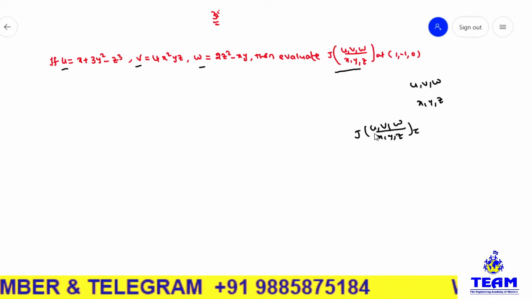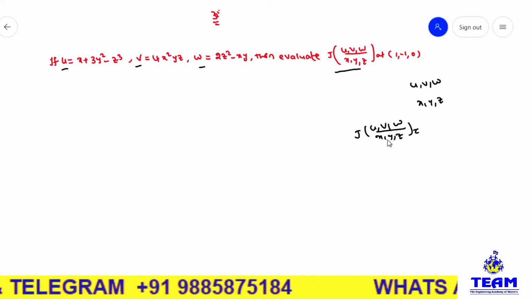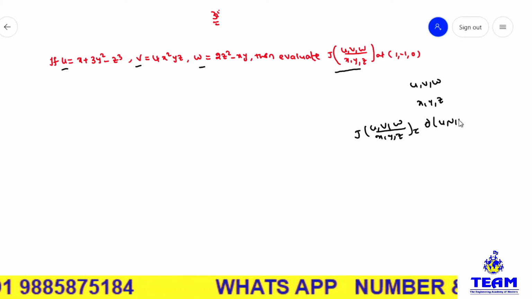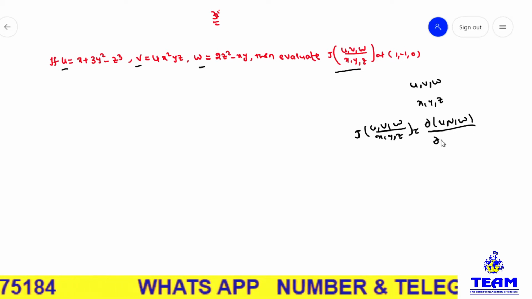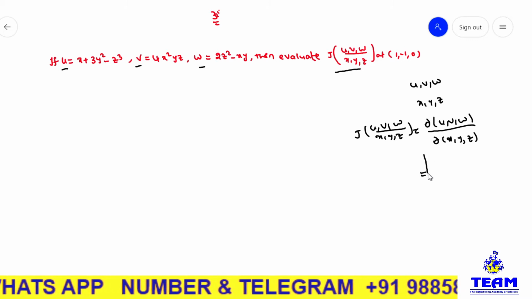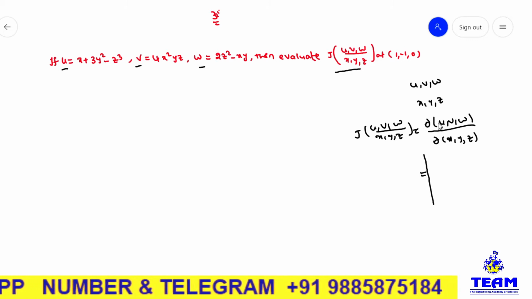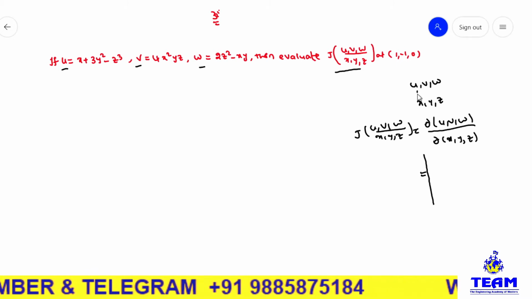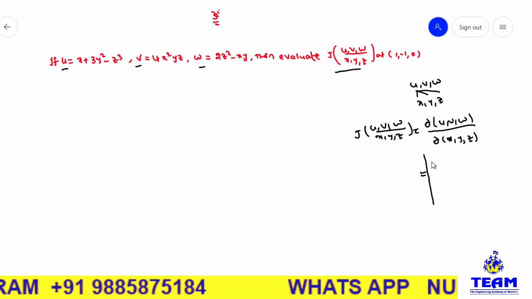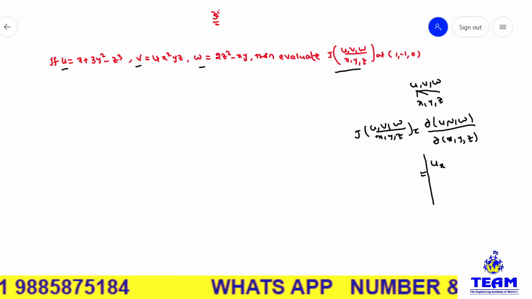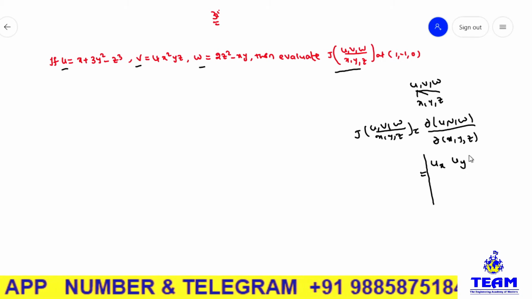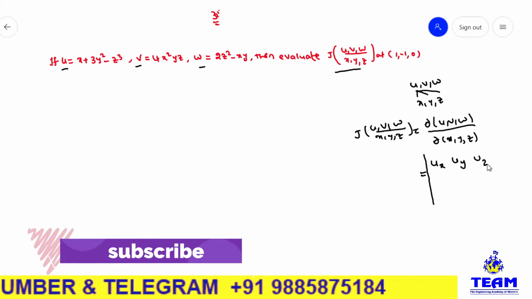Now, the formula for the Jacobian of u, v, w with respect to x, y, z is dou of u, v, w with respect to dou of x, y, z. This gives the determinant. Since u is a function of x, y, z, first differentiate u partially with respect to x, next u partially with respect to y, and u partially with respect to z.